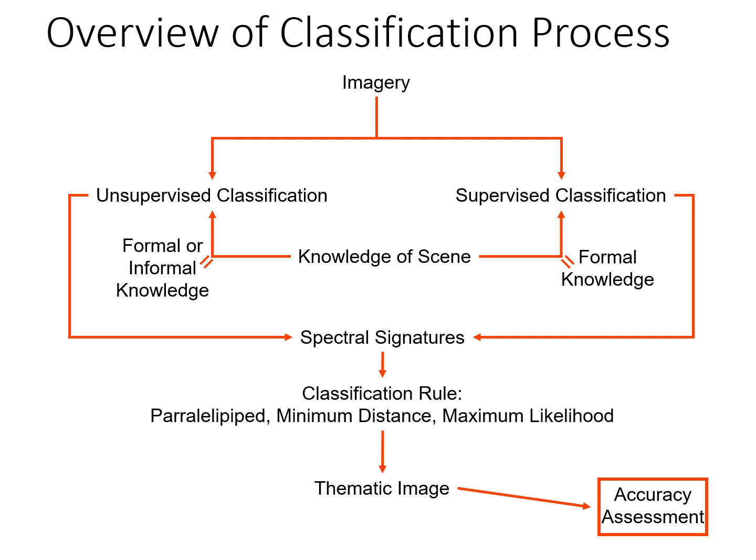Basically, once you know what the different kinds of pixels are and what their spectral signatures are, you look at individual pixels and say, which one of the spectral signatures I've identified does each pixel look like? And the rule that you use to determine what something looks like is the classification rule. When you're done with that, you then have a thematic image. So an image where every pixel has had a class assigned to it.